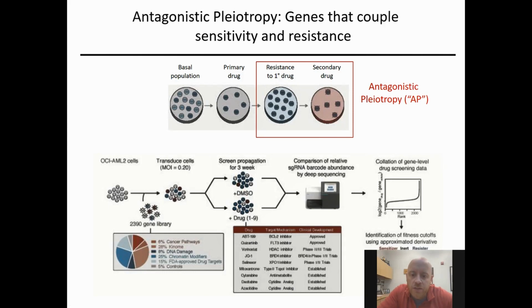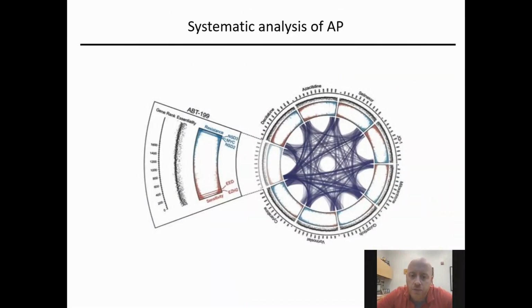Now, if you look at the results from these 9 screens aggregated together in a circus plot format, you can focus in on genes shown in red whose knockout confers sensitivity to each drug, or genes shown in teal whose knockout confers resistance to each drug. What we were most interested in in this study were genes whose loss conferred sensitivity to certain drugs, but resistance to other drugs.